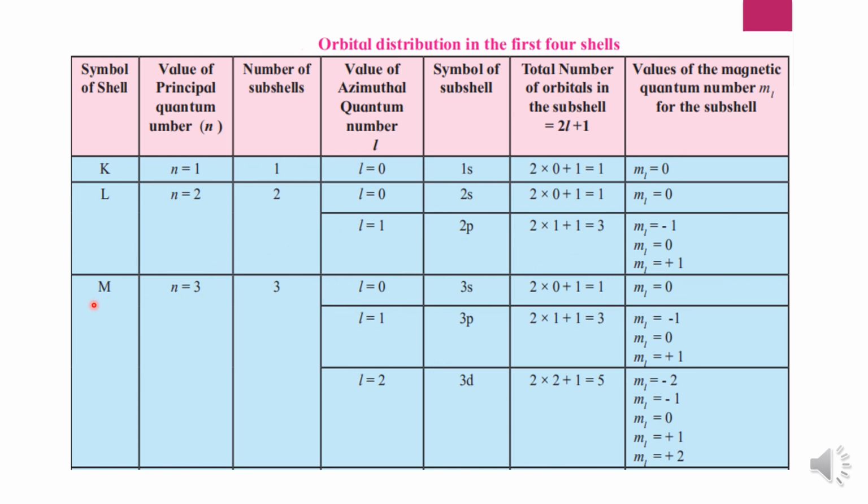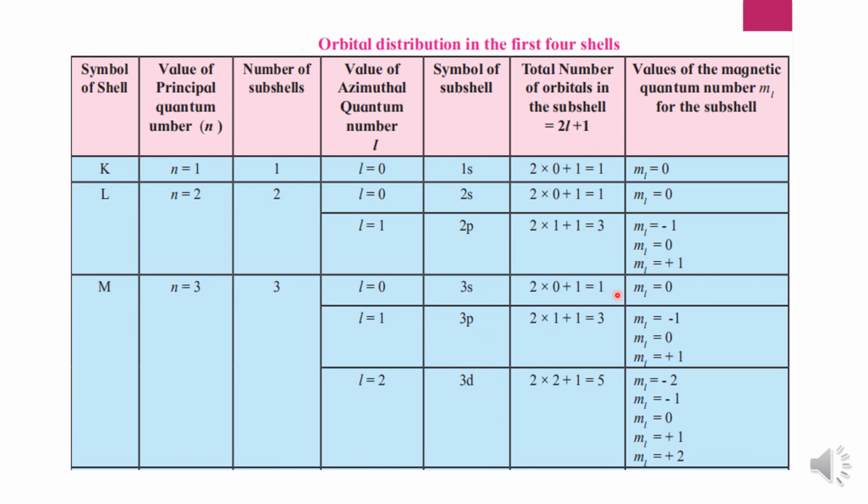Similarly for M, the principal quantum number is equal to 3. Then the number of subshells will also be 3. These would be the azimuthal quantum numbers, and according to 0, 1, 2, we have 3s, 3p and 3d subshells.